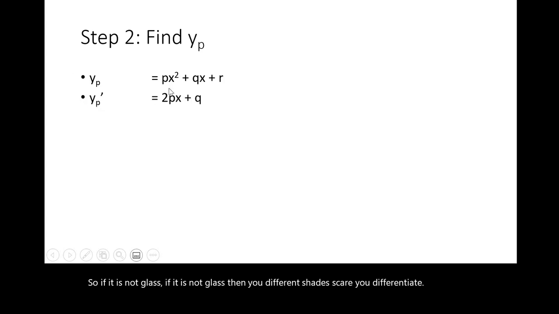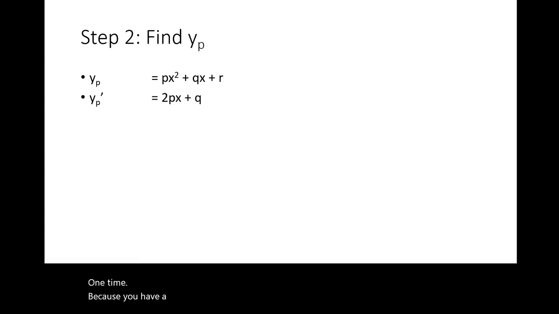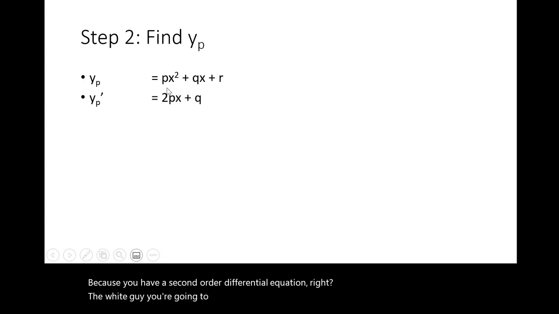So if it does not clash, then you differentiate. You differentiate one time because you have a second order differential equation. You are going to substitute yp into the y term, and then you have a dy/dx. So from the yp, you have to differentiate it one time.